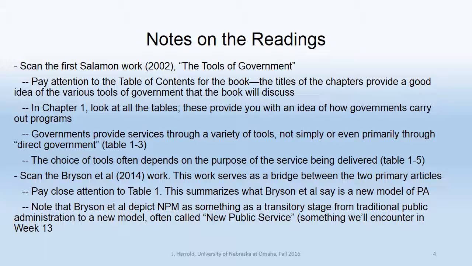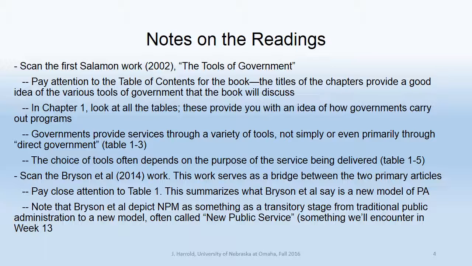So this book is actually quite a useful book. So what I want you to do with this book is I want you to look at the table of contents, look at all those titles of the chapters in the table of contents, and that kind of gives you a good idea, a good outline really, of the various tools of government that Salomon is talking about. And then I want you to look at chapter 1, really just scan chapter 1.